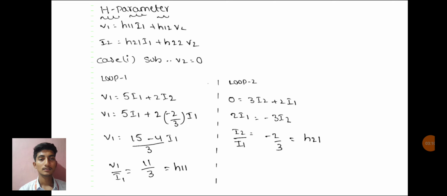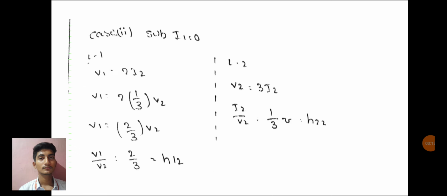This is H11. Case 2: I1 equals 0. In the second loop, V2 equals 3I2, so I2 by V2 equals 1 by 3. This is H22. In the first loop, V1 equals 2I2, so V1 equals 2 into 1 by 3 V2, V1 equals 2 by 3 V2, and V1 by V2 equals 2 by 3.